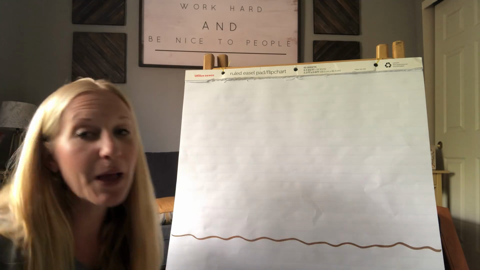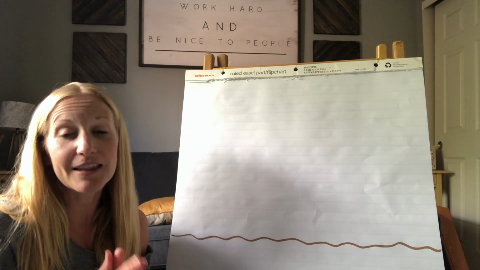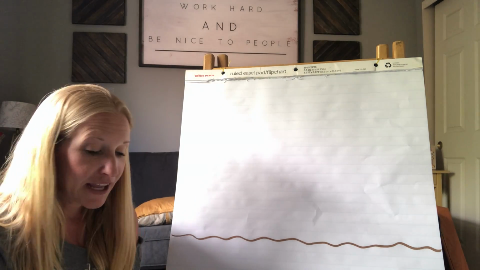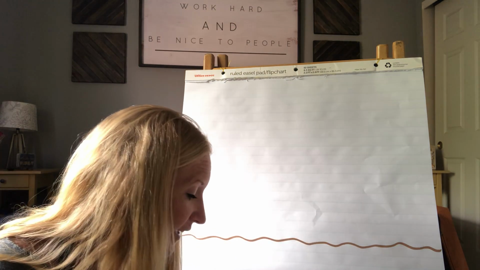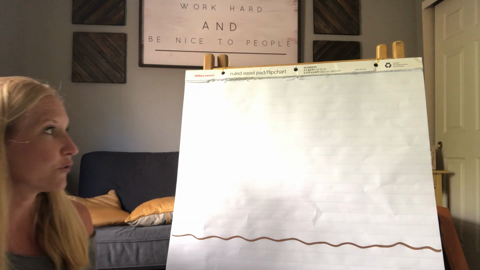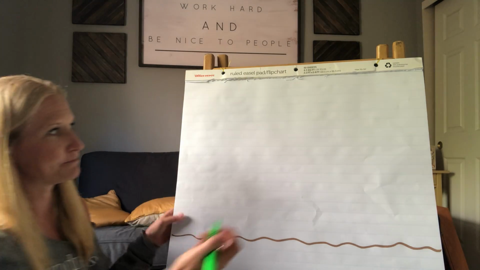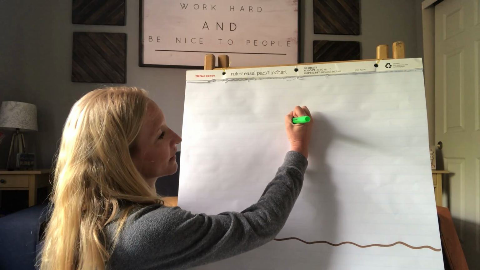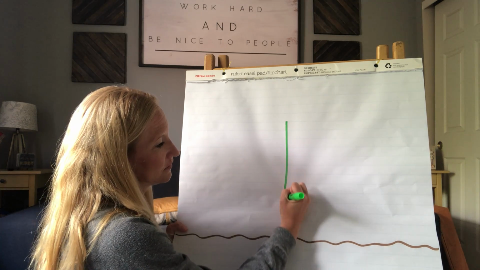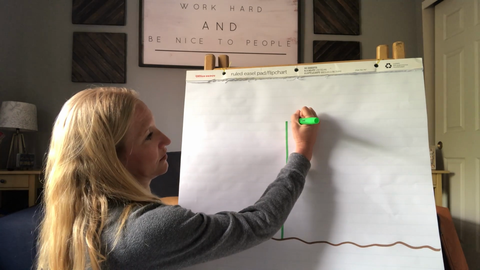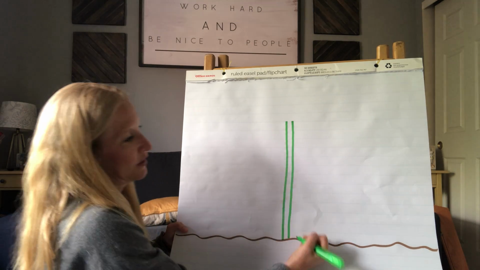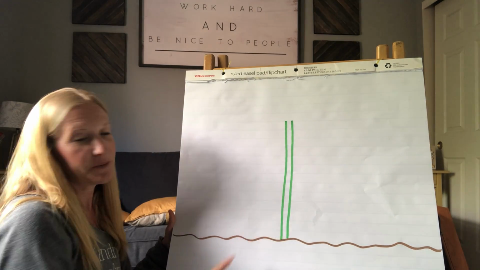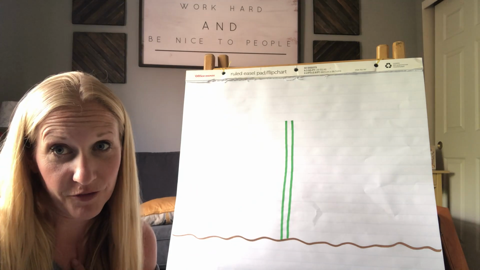So we're doing the basic parts of a plant that all plants have in order to survive. So the very first thing that we see start to grow from a plant is the stem, okay? But this happens to be what we see first.